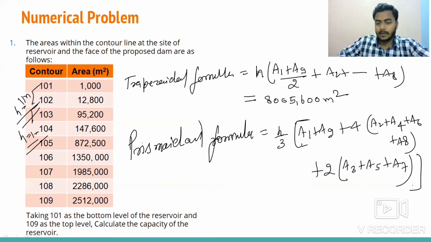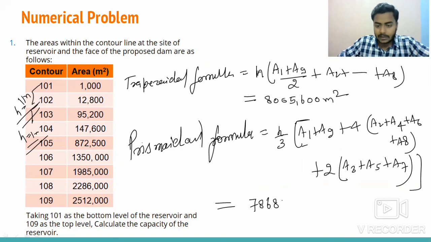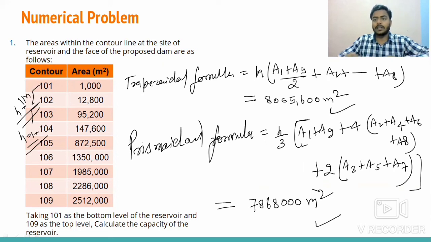Putting in the values, we get 7868000. So you will find that by using different formulas, you will get different results.